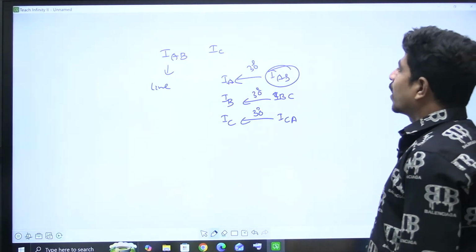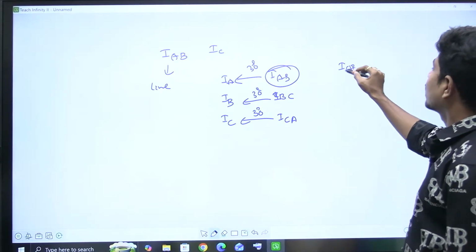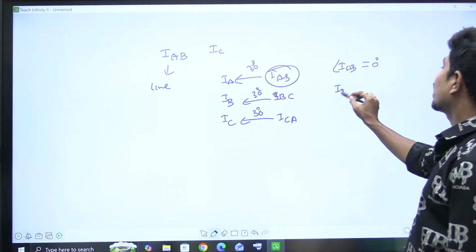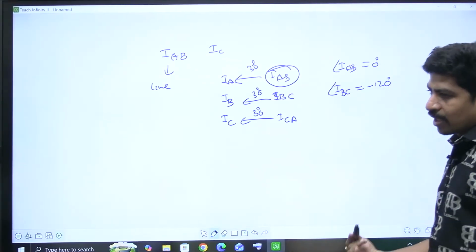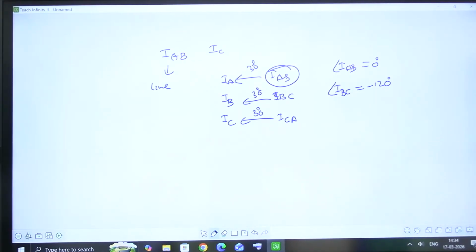Imagine I'm taking the IAB angle as 0 for reference. Then the angle of IBC will be minus 120. Why? As it is balanced, the phase angle difference between one current and another must be 120 degrees.